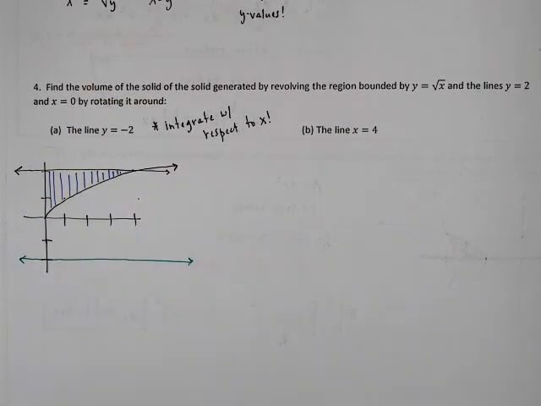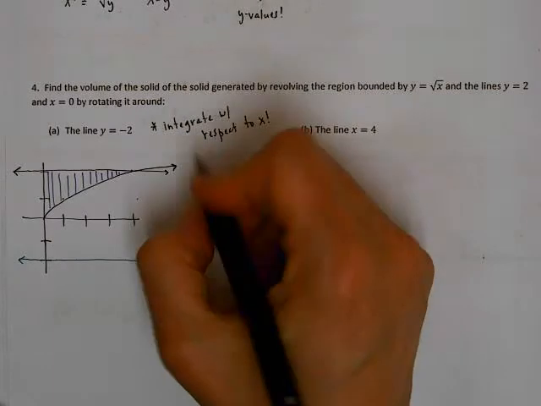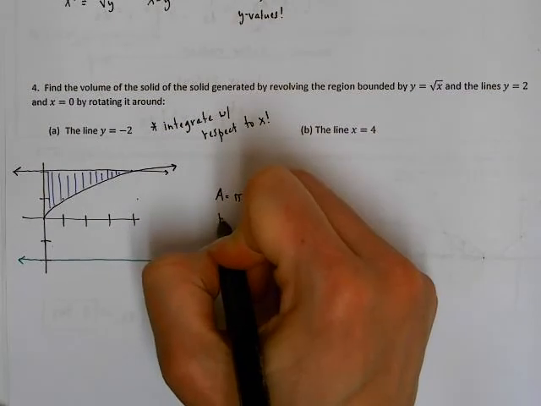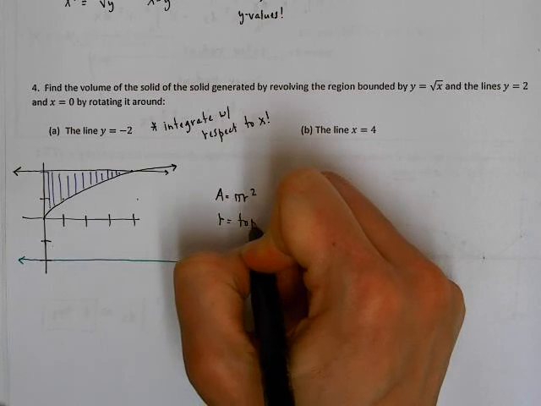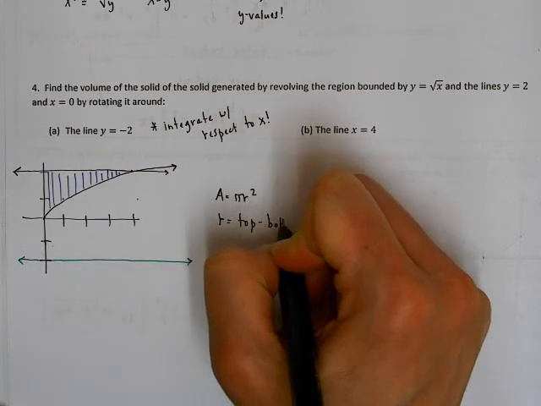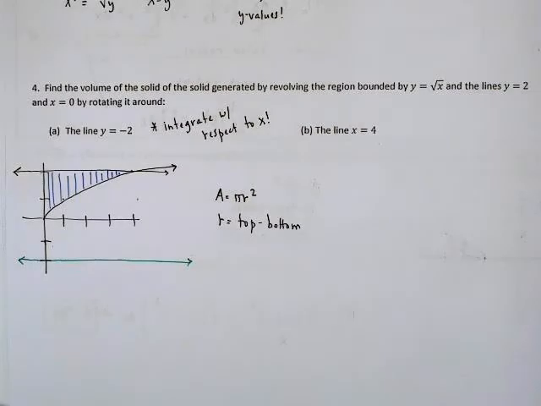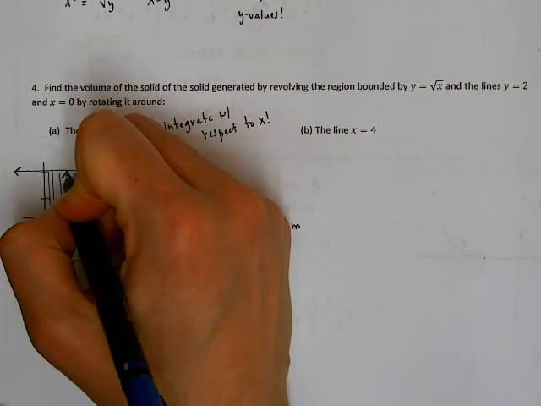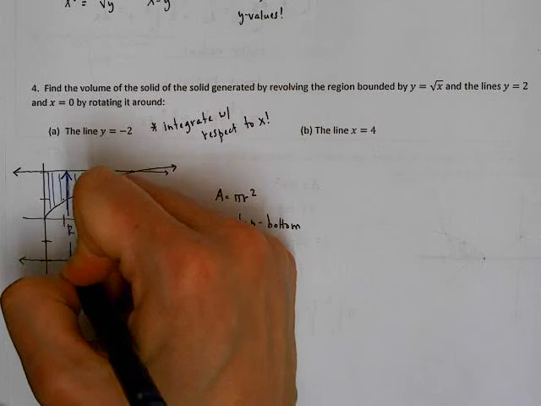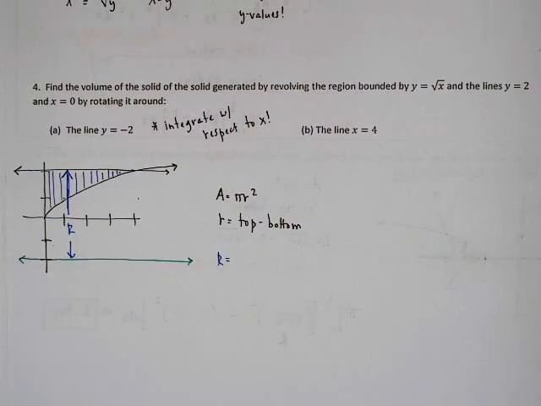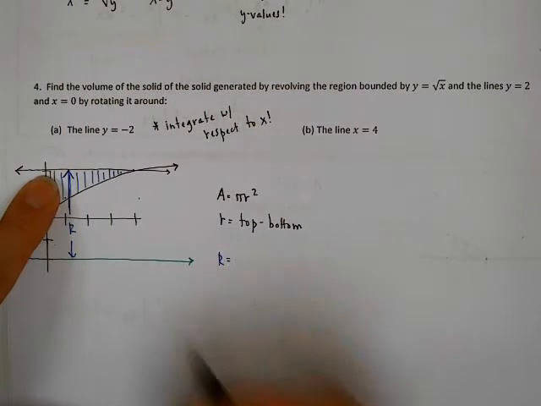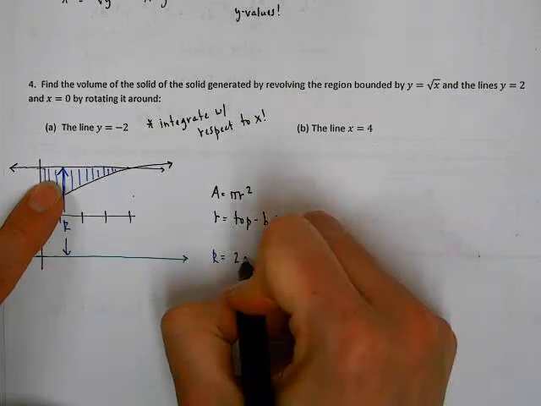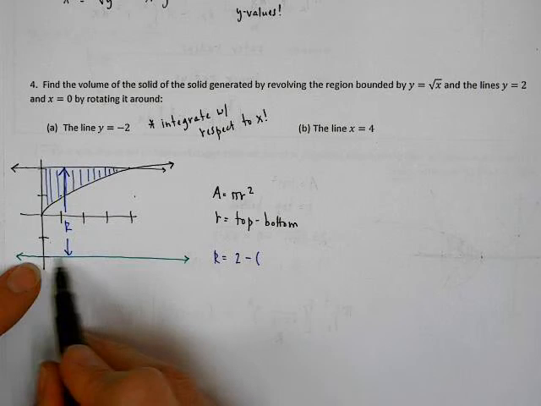That means we need two different r's. In this case, we're integrating with respect to x, so my r is still top minus bottom. My big R is going to go all the way from the top down to that axis of revolution. My top is the line y equals 2, minus my bottom, the line negative 2.